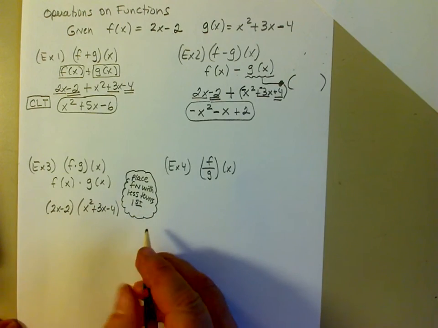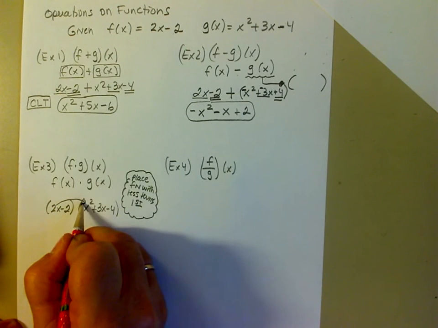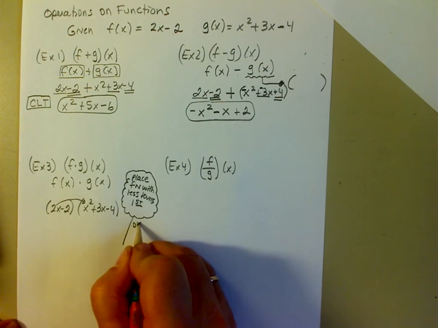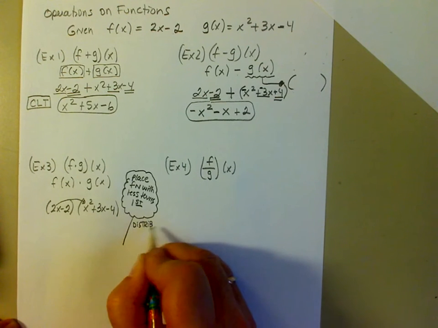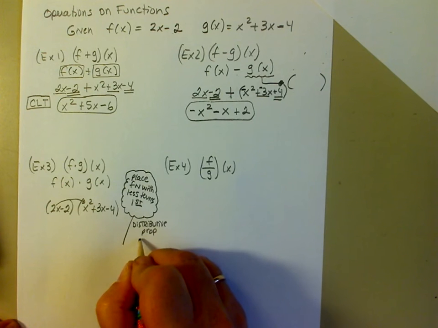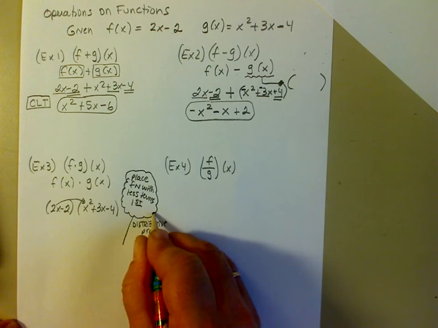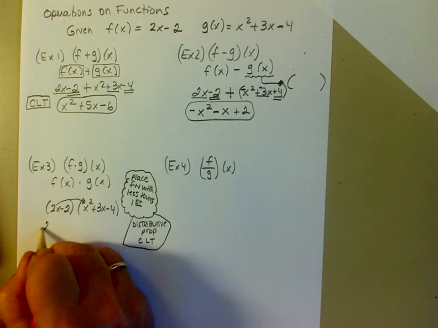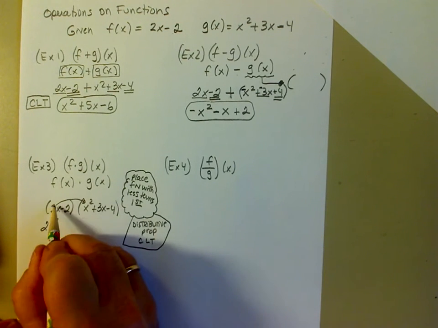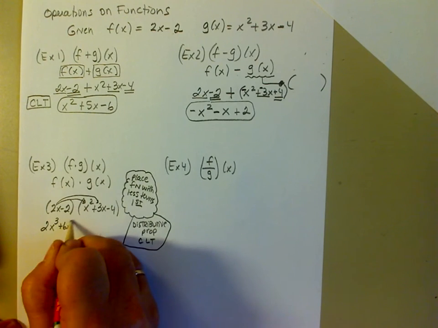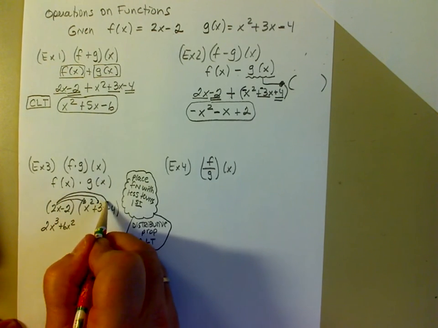Now we can distribute each term and then combine like terms. So next, we'll finish up by distributive property. So we'll use distributive property, then combine like terms. So 2x times x squared, 2x times 3x, 2x times a negative 4.